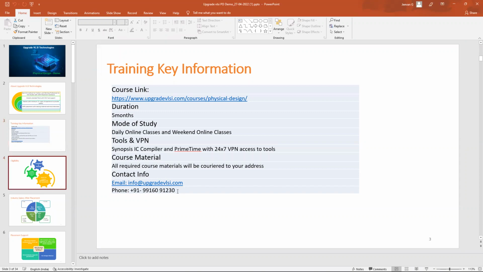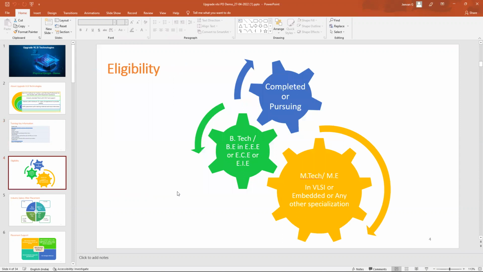Okay. So if you see the eligibility criteria, if you have completed or are pursuing a bachelor's or master's, you are most welcome to this VLSI industry. If you are from an ECE or EEE background, it will be very easy to enter this industry.